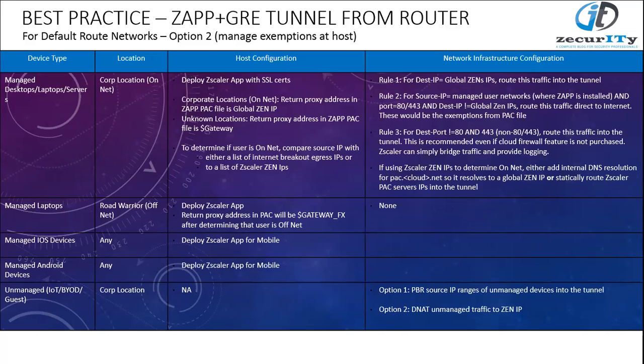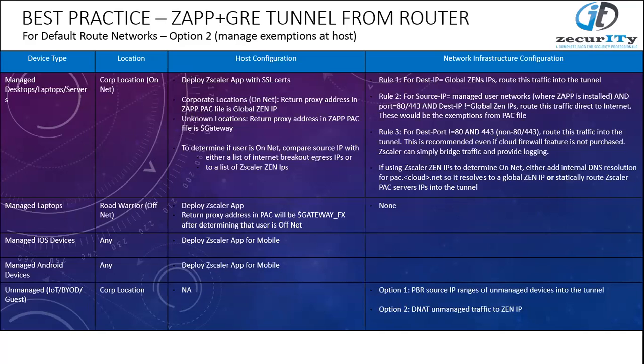If they are using any managed iOS devices, deploy the Zscaler app for mobiles. If they are using Android devices, also deploy the Zscaler app for mobile devices. It is always recommended to not do SSL inspection for mobile devices, because when you do SSL inspection, the native applications will not work properly because of certificate pinning.